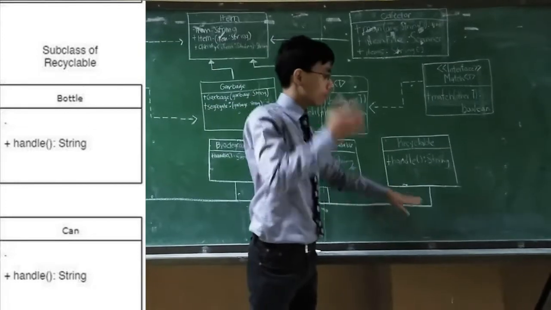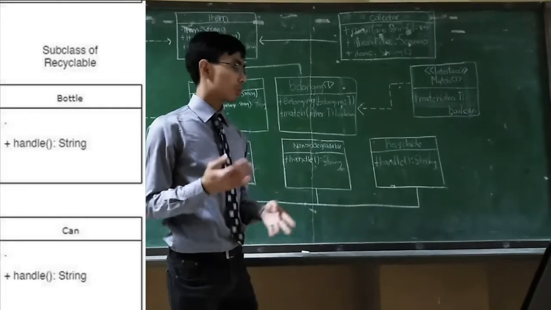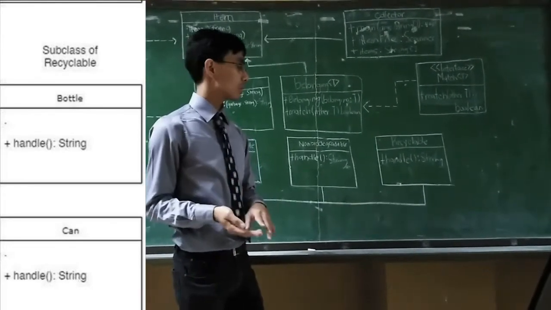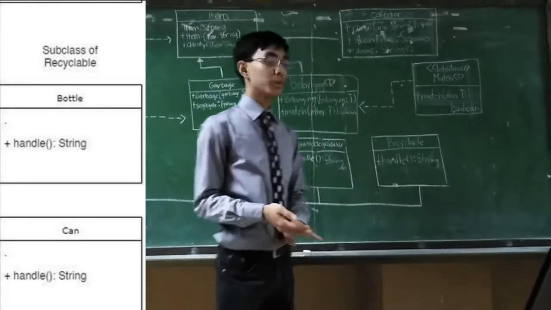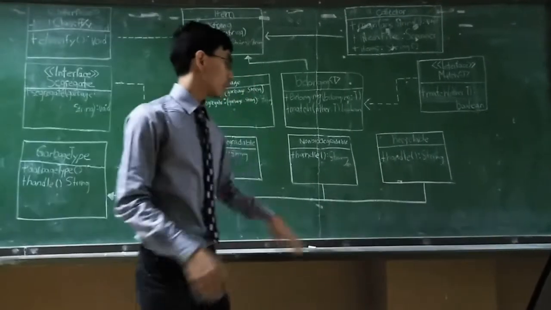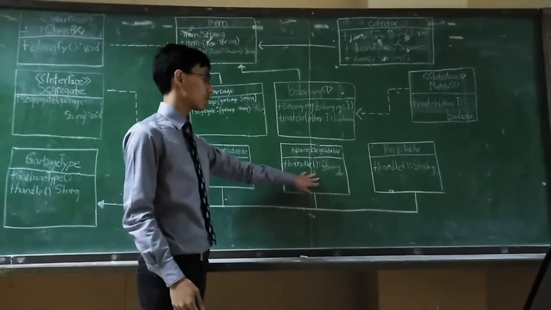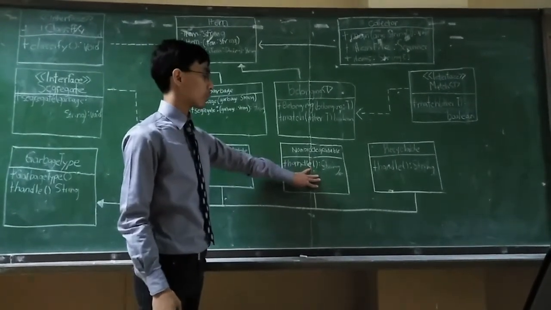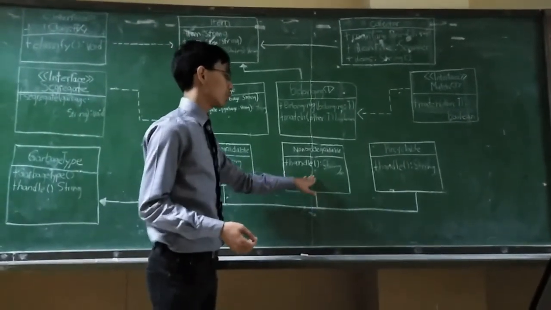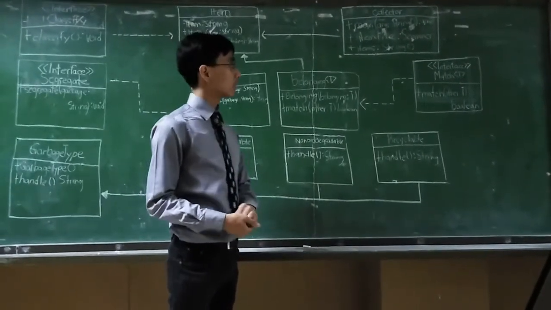For the bottle, it could be broken down and reused as other bottles. For cans, they could also be reused, as well as papers and plastics. But for the non-biodegradable, sir, there are no other classes besides this one, so the handle method returned for this type of trash or garbage will only be the one specified here, which is to burn or incinerate.